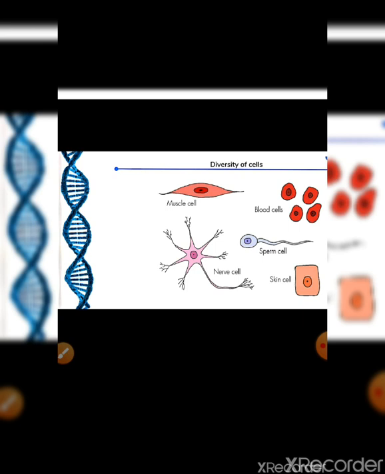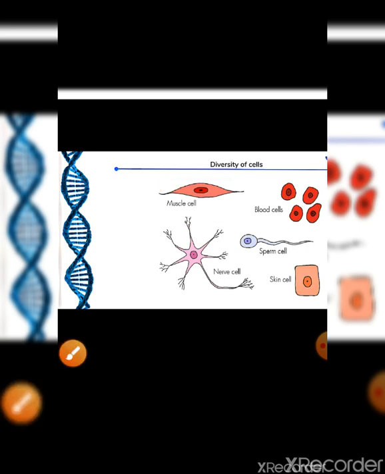For example, see the diagram of muscle cells. It is long. If you take a slice of meat, you will see that the muscle cells are long in structure. So it helps us to move, it helps us to run, it gives energy to the body.